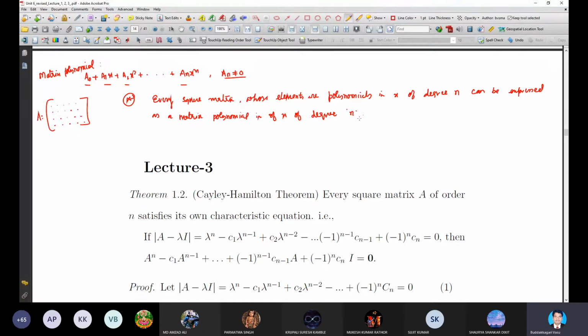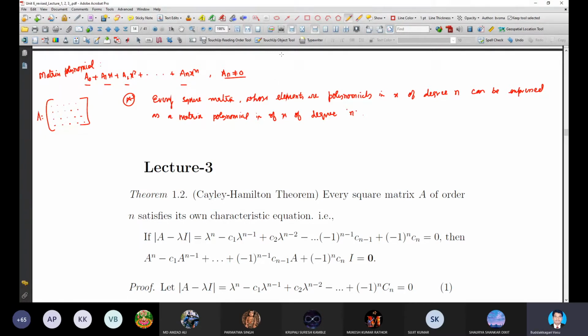Understand, please: it is not required that all the elements are polynomials of degree n; at least the highest degree is n. Such matrices can be expressed as a matrix polynomial like this.